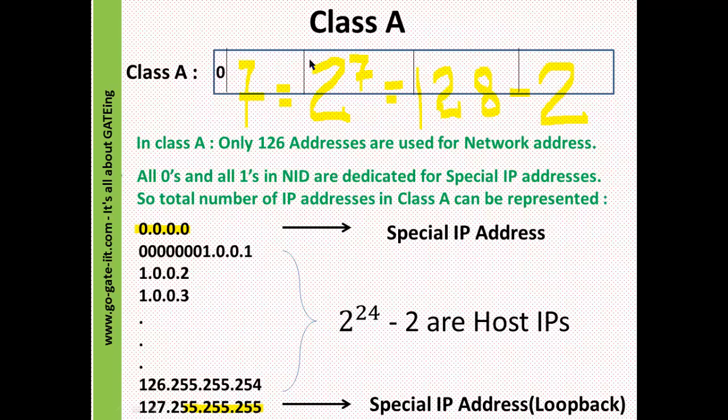As I said, we have a total of 2 raised to 24 host addresses. Out of this 2 raised to 24, the special IP addresses we can ignore, so minus 2. So the total host IPs are 2 raised to 24 minus 2, such a huge number.